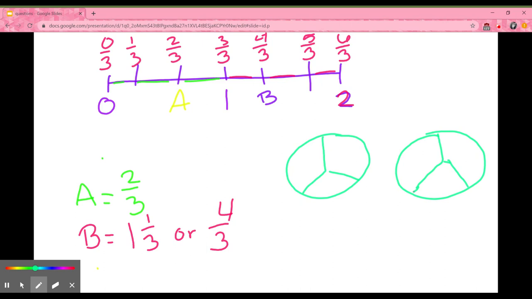We need to take a look at it one picture at a time. So if we look at this first one right here, it's broken into 3 pieces. 1, 2, 3. So our fractions that represent this pizza are going to be in thirds. And same with the second one. It's the same situation.